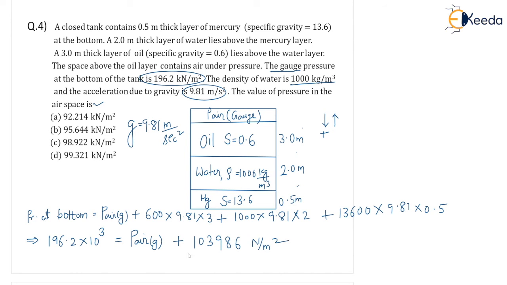The question is to find the value of P air. So if you calculate from this equation, you will get P air, that is gauge, equal to 92.214 kilonewton per meter square. That is the answer.